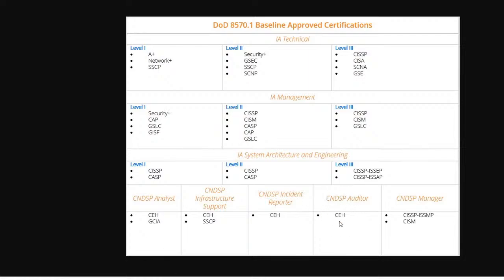They do have CISA on the newer list, but here it is right here. CEH is one of them. Let me see. No, CISA is on one of these. Okay, here it is, IAT Level 2. And this is not the newer one. The newer one I thought had auditor here, but I could be wrong. But here's just an example if you're an analyst. This is the federal side, by the way.